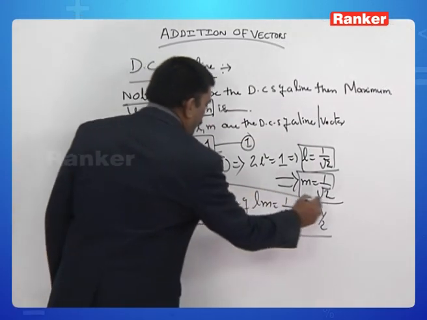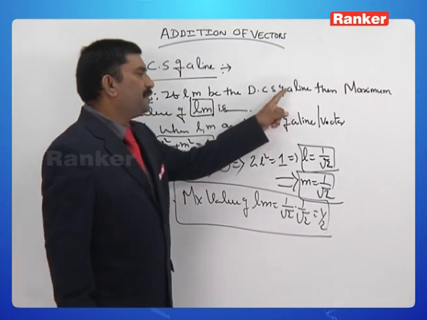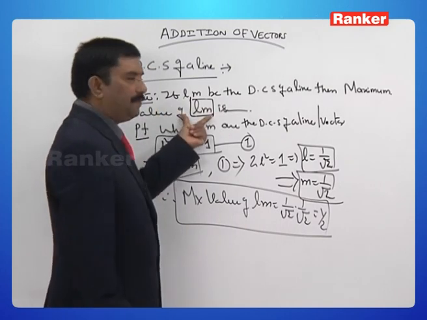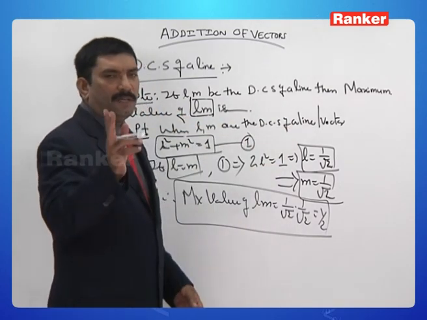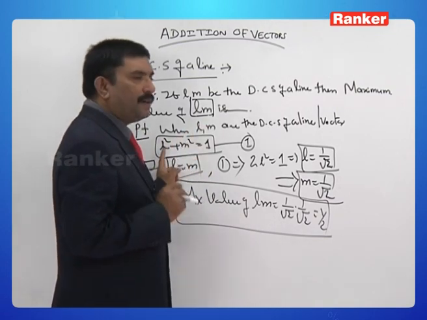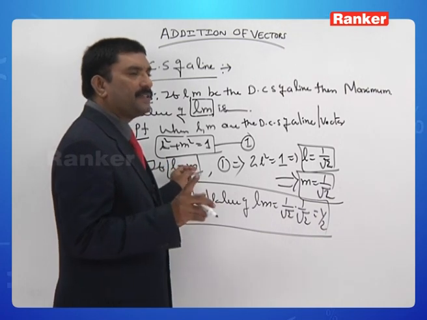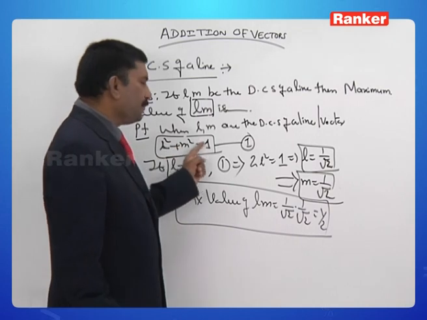So hereafter, whenever L, M are the DCS of a line, then the maximum value of this LM. Now when L, M are the DCS of a line, it must be a 2D line or 2D vector. I mean it's defined in the xy plane. So L square plus M square is equal to 1.